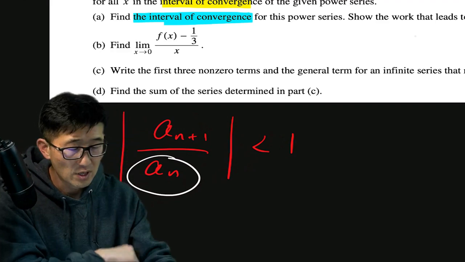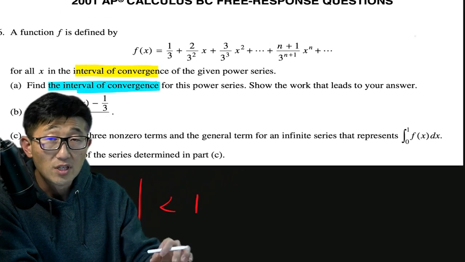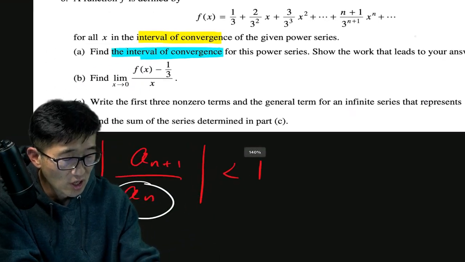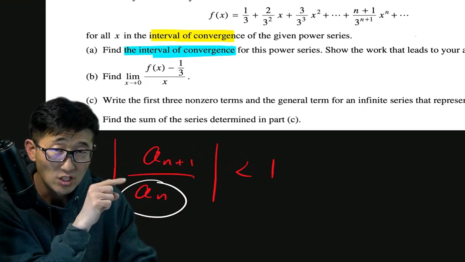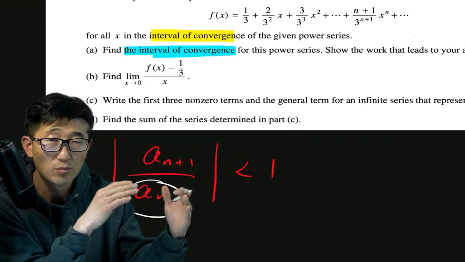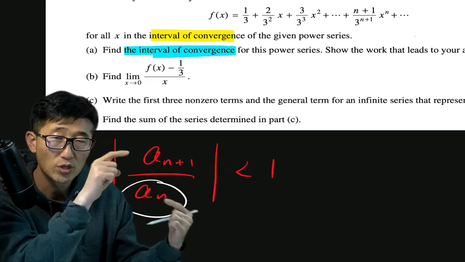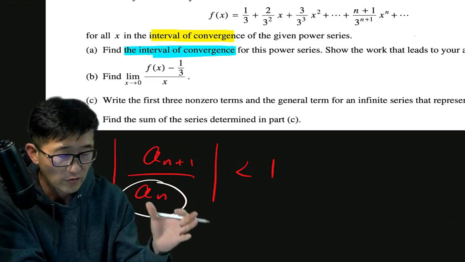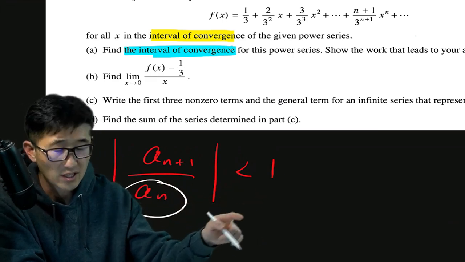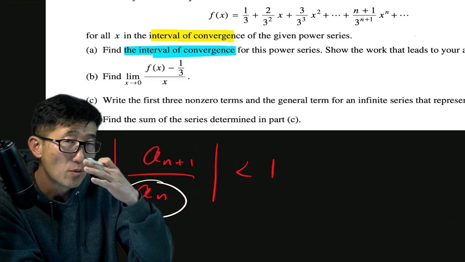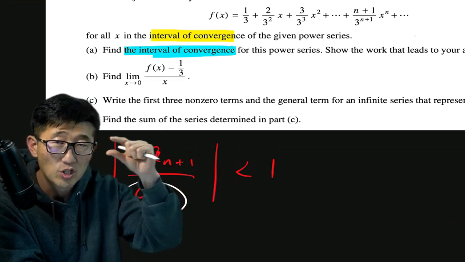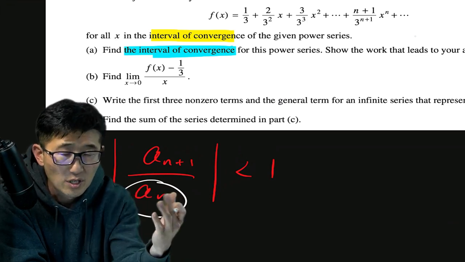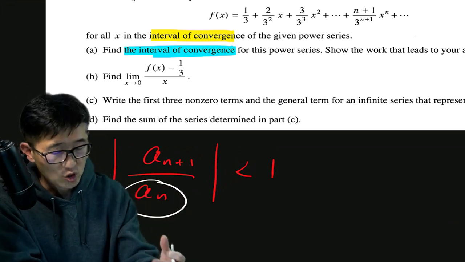When you take the limit of this and you're trying to figure out where it converges, we want the absolute value of that ratio to always be less than 1. That will guarantee that when you add up all of those terms, because it's getting smaller and smaller, it'll converge to a particular number. Now, if it's getting bigger and bigger, it'll obviously diverge.